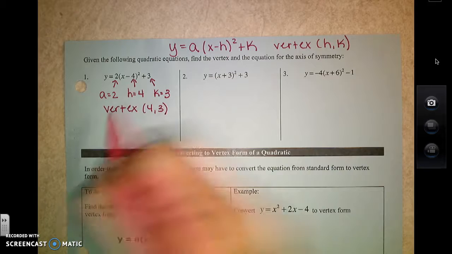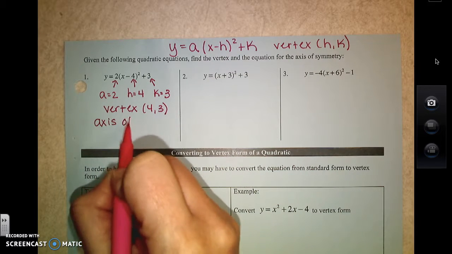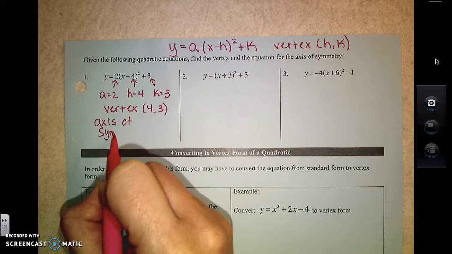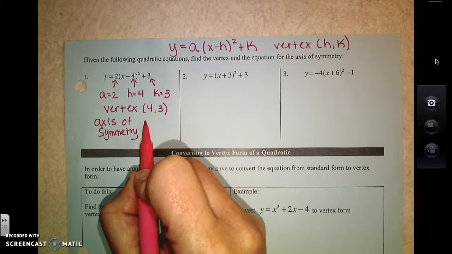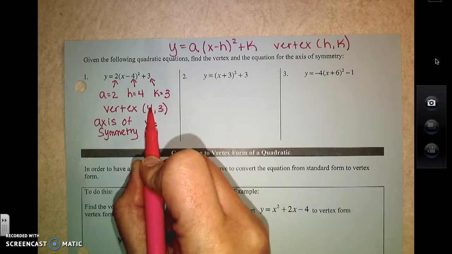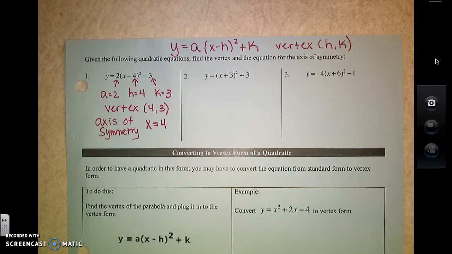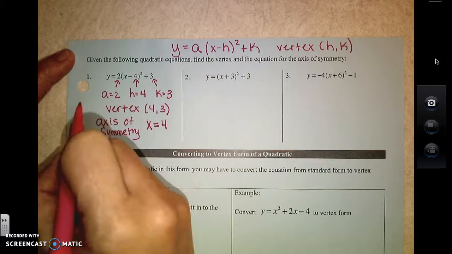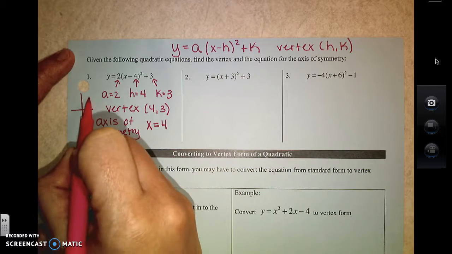It also asks us about the axis of symmetry. The axis of symmetry is the vertical line down the center of the parabola, and its equation is always x equals, and then you just use the x-coordinate of the vertex. So that equation would be x equals 4. If I graphed this parabola, the vertex would be at 4, 3, so I'd be over 4, up 3.